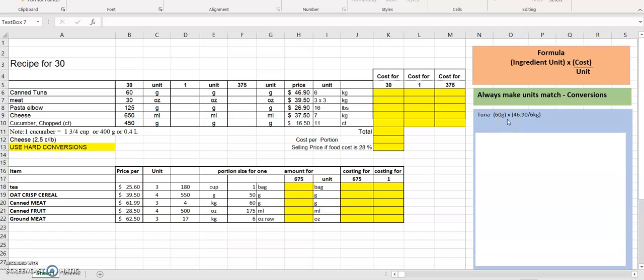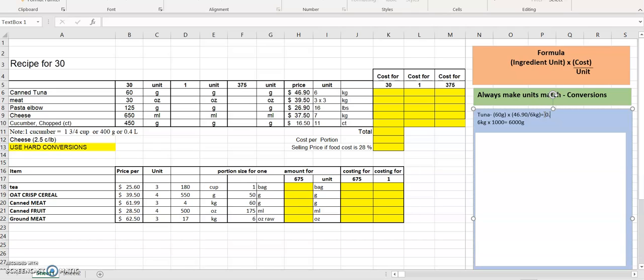So we're given here 60 grams times $6.90 per 6 kilograms. We know our units don't match because we have grams and kilograms, so we're going to convert kilograms to grams by multiplying by 1,000 to give us 6,000 grams, as there's 1,000 grams in a kilogram.